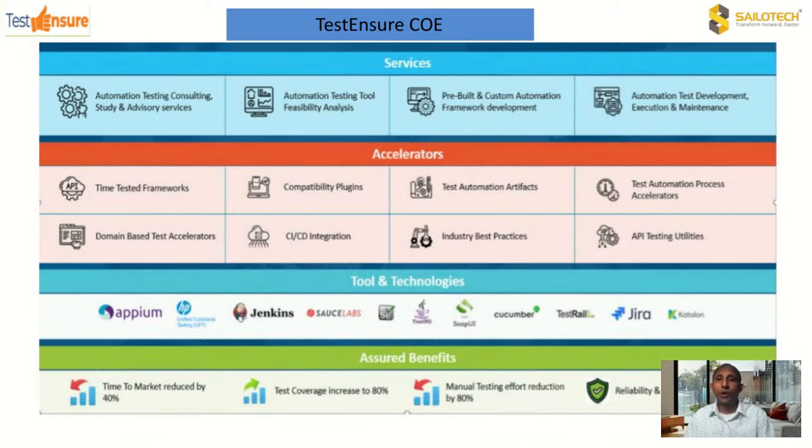When I talk about accelerators, we have compatibility plugins that I talked about, and then artifacts. If it's an ERP, like Infor or Oracle or any other ERP, we have pre-built accelerators, which are nothing but an out-of-the-box standard tool set that can be plugged in to say whether it is working or not, and all the customizations can be built on top of it, right?